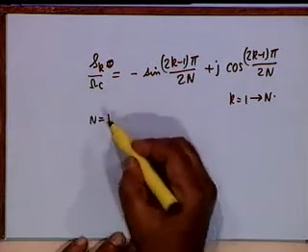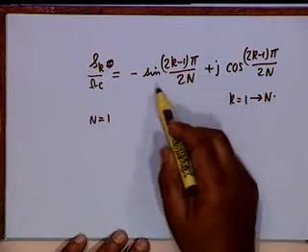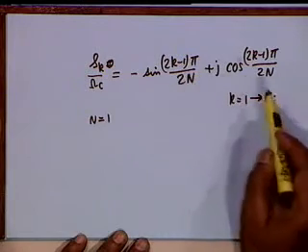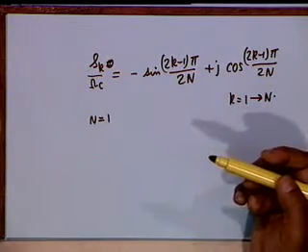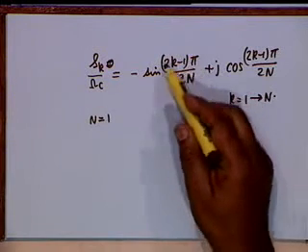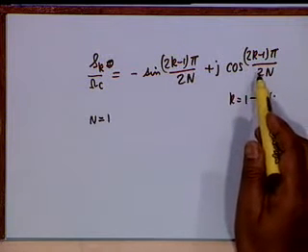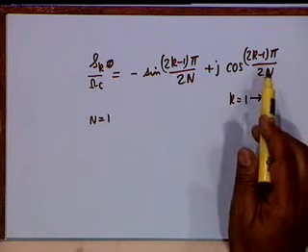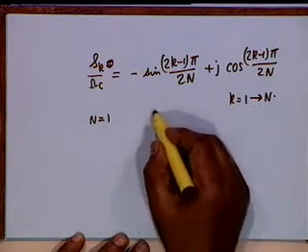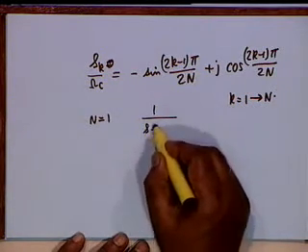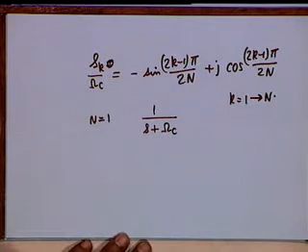Suppose I have the first order, n equal to 1. Then k can only be 1. Then sine of pi by 2 is 1, and cosine of pi by 2 is 0, and therefore the root must be at minus omega c, and therefore H_A of s, the transfer function, is simply s plus omega c.